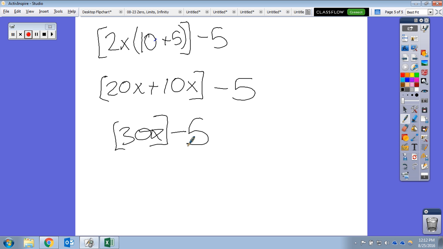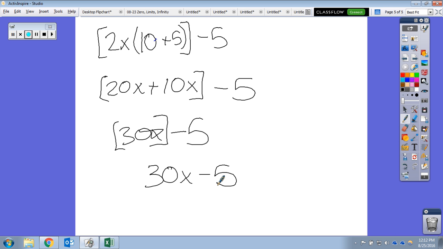That's it. Can't do it anymore because it's not like terms. Let's drop the bracket. Next line down. Very good. Anyone have any questions about this?